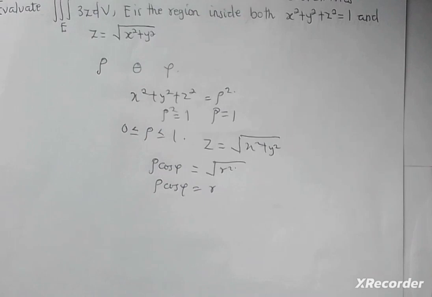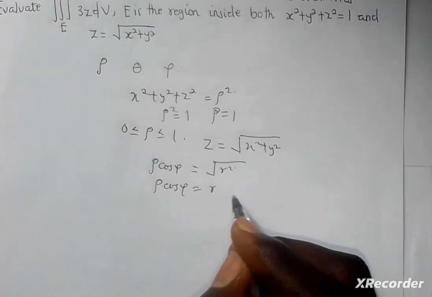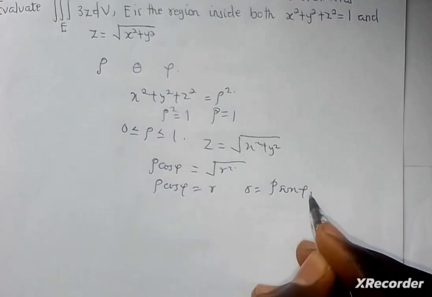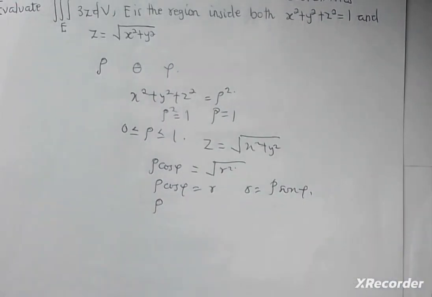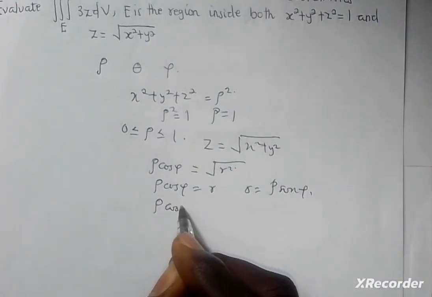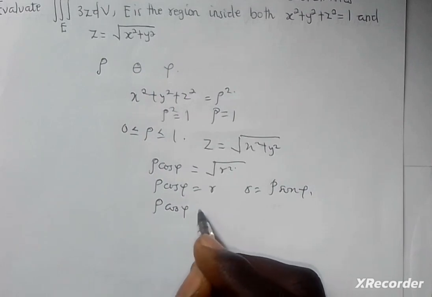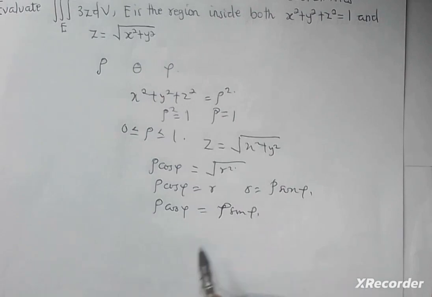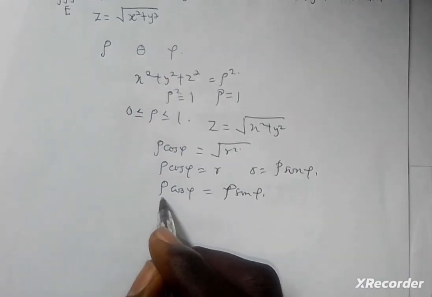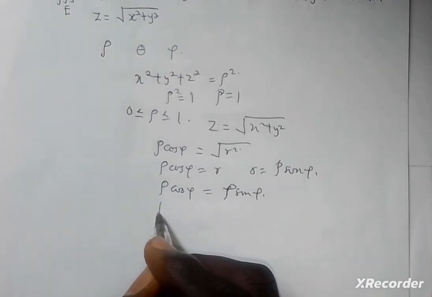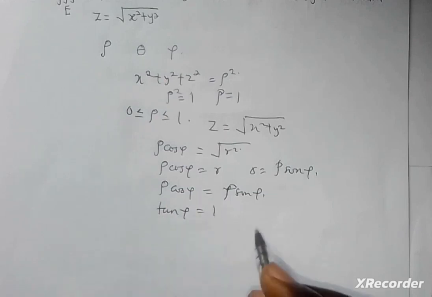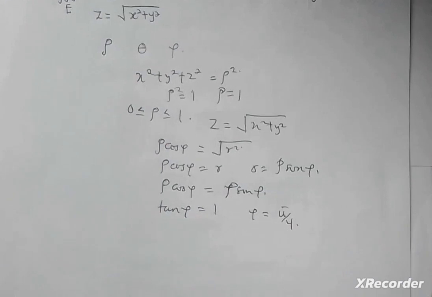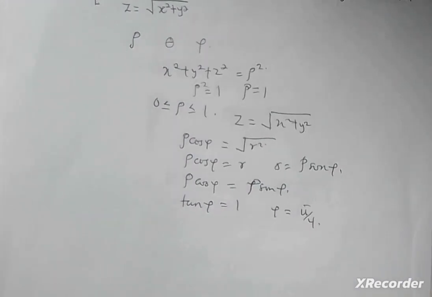Then r in spherical coordinates is given by rho sine phi, right? Then I'm going to get rho cos phi is equal to rho sine phi. Then I can divide, so rho will cancel rho. Then I'm going to get tan phi is equal to 1. Therefore, our phi is simply equal to pi on 4. The inverse tan of 1 is 45 degrees, so pi on 4.